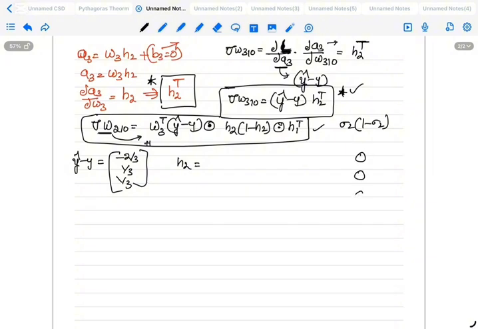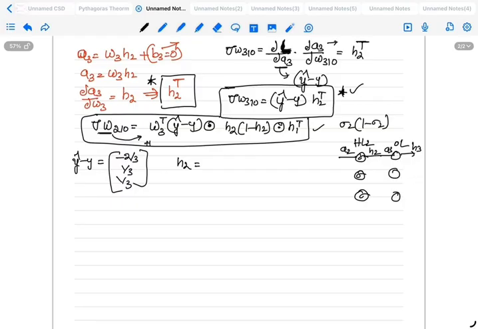This is the output layer: H2, A2, H2, A3 and H3. All are sigmoid functions.